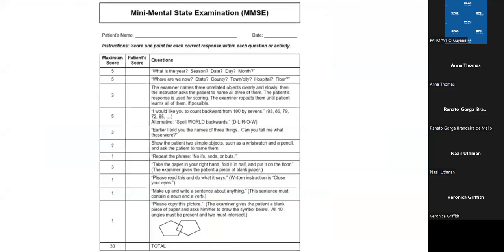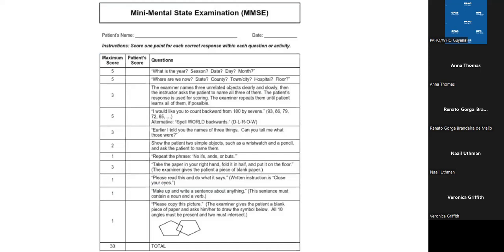The most used tool to assess multi-cognitive domains at the same time is the Minimental state examination. Here we can assess memory, language, executive domains, and much more.